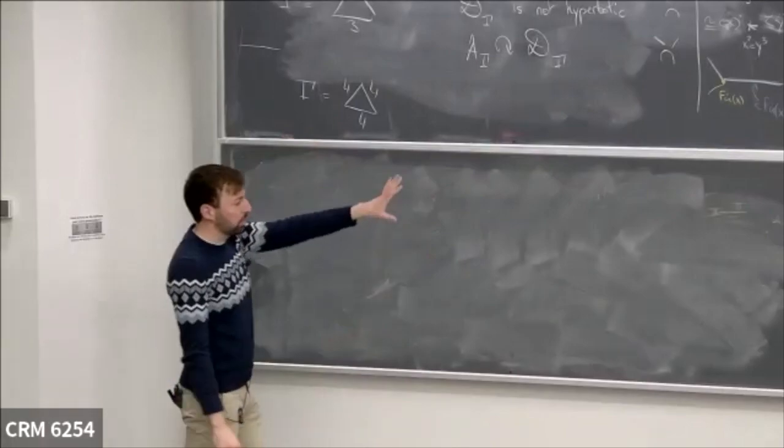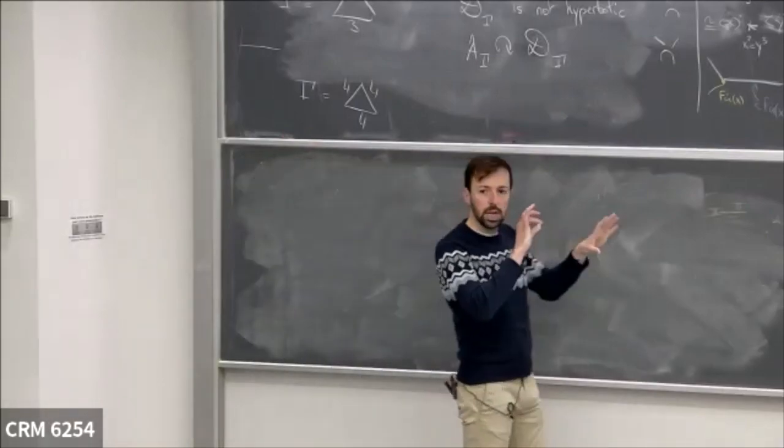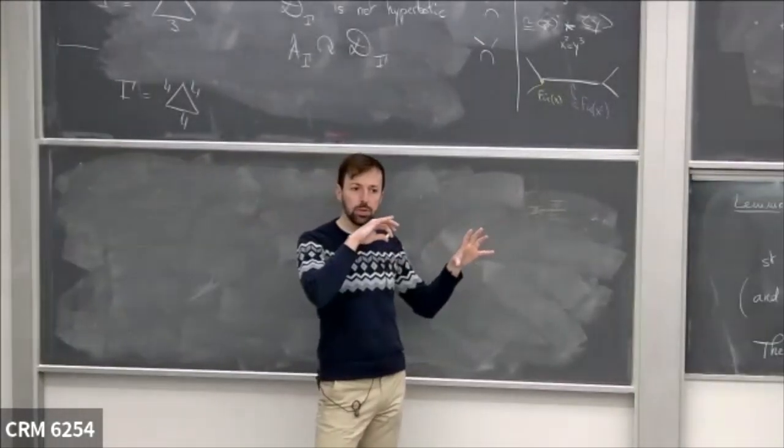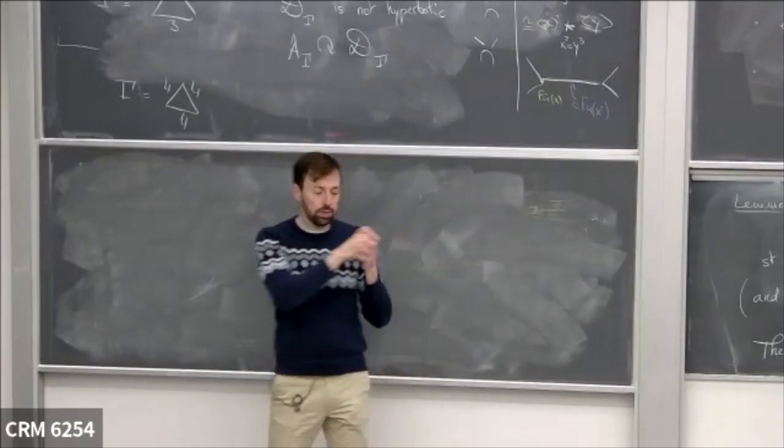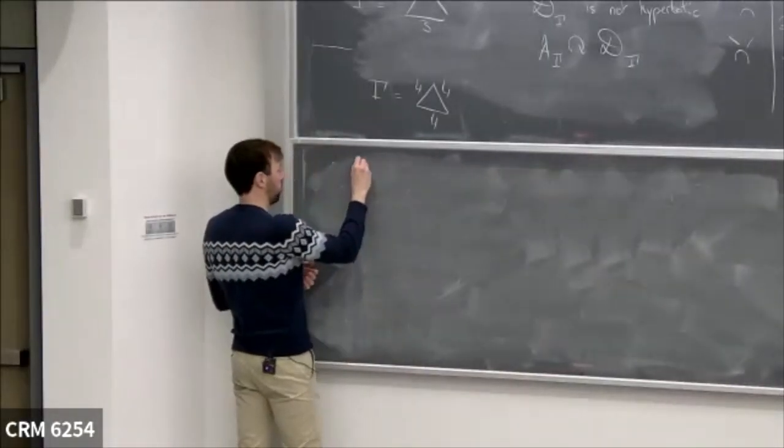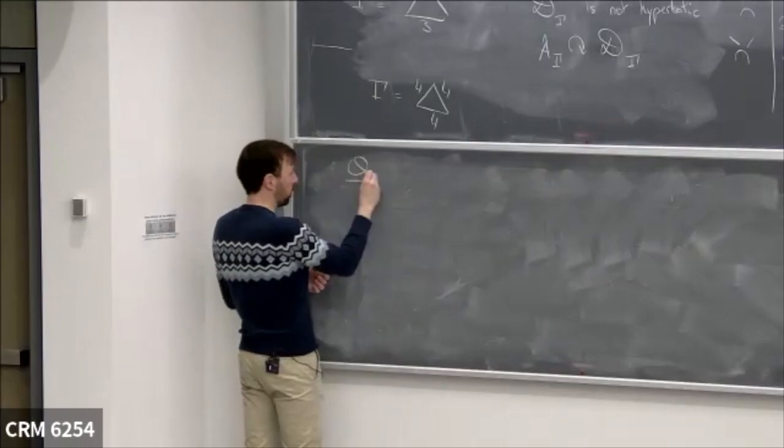These questions of if you have two elliptic elements that have disjoint fixed point sets, can you create a free subgroup out of this? It's related to some interesting questions.